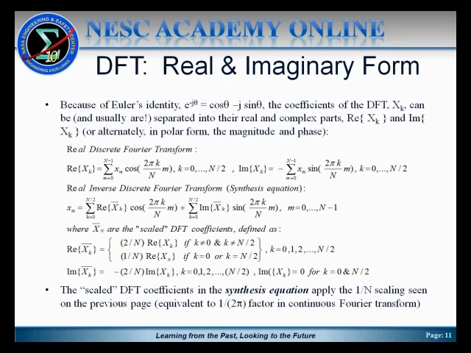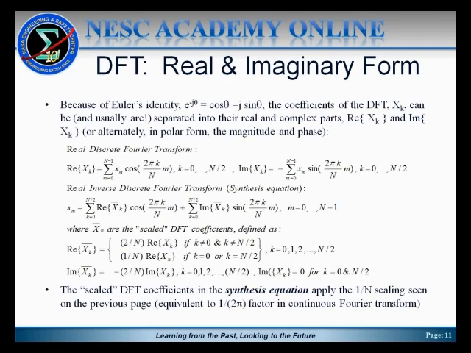These scaled DFT coefficients in the synthesis equations apply that 1 over n scaling that we saw in the equation on the previous slide before we separated it into its real and imaginary parts. And that is equivalent to the 1 over 2 pi factor that we saw earlier in this presentation for the continuous form of the Fourier transform.